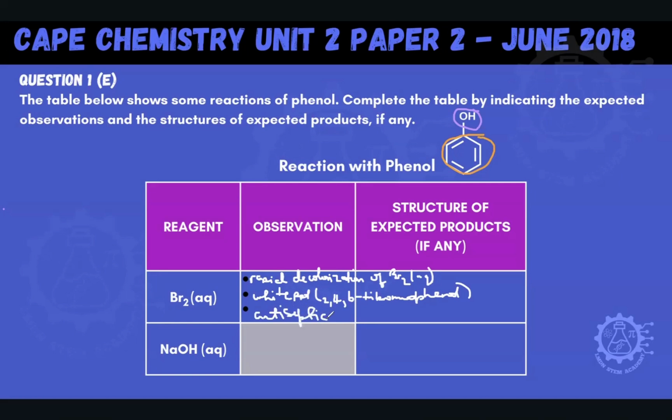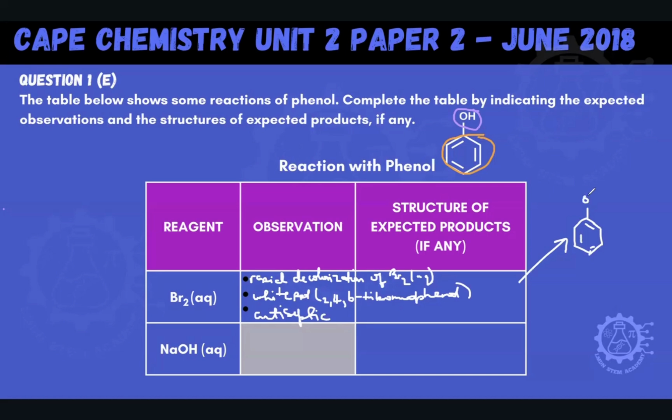All right, so remember now, if we add Br2 aqueous to the phenol, it's going to react with the benzene portion, the ring portion, and we're going to get substitutions at the 2, 4 and the 6 position. So that's what I'm going to draw here for my structure. I'm going to draw 2,4,6-tribromophenol. So my bromines are going to get incorporated in the 2, 4, and 6 positions on the ring.